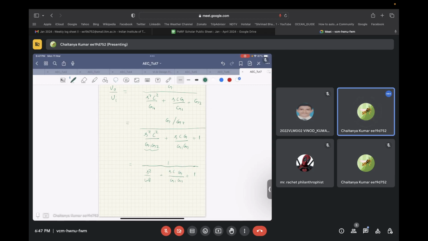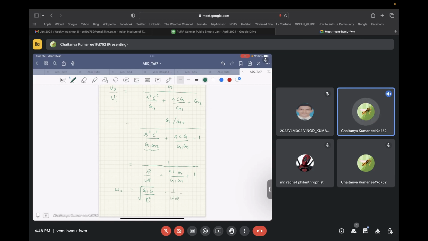Okay, so comparing this, what is omega naught? It is square root of G1 G2 divided by C squared, and G1 is equal to G. And what is 1 upon omega naught Q?